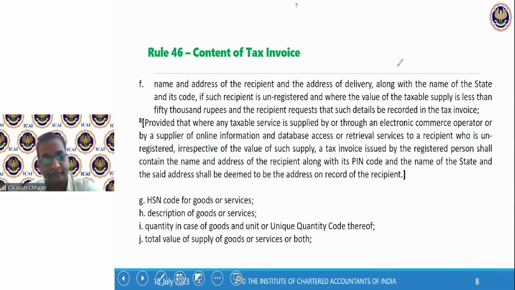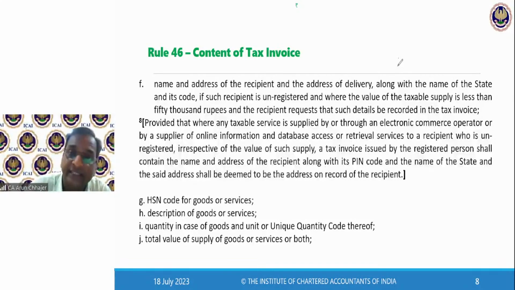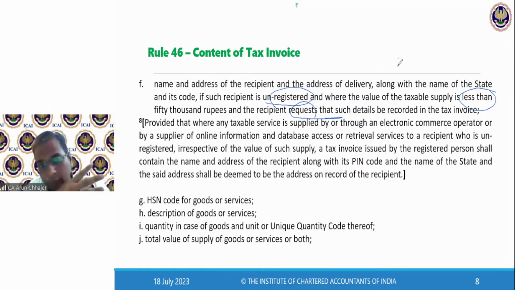Second part, name, address of the recipient and delivery address along with the name of the state and code. If the recipient is unregistered and the value is less than 50,000 and the recipient requests to record, it is a B2C transaction. If the value is 50,000 or more, then I must record it compulsorily.